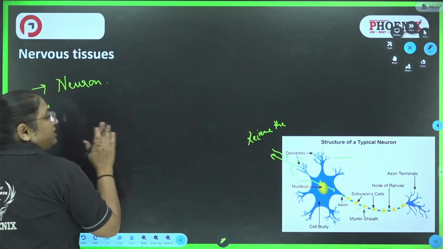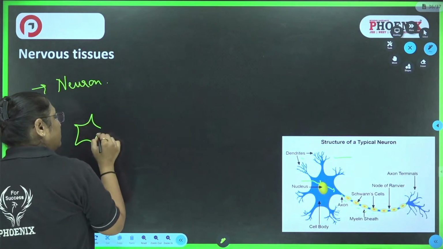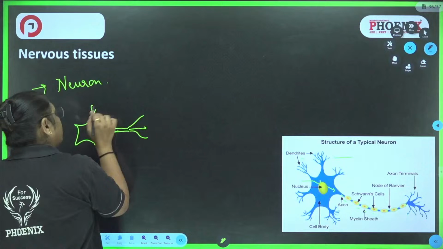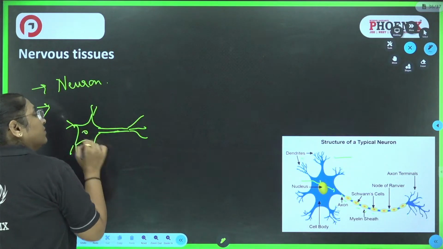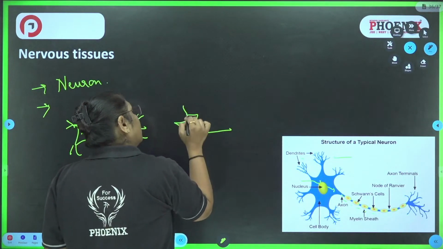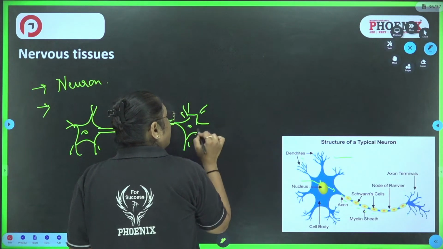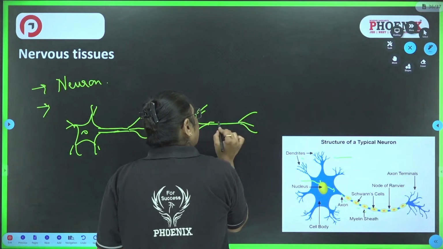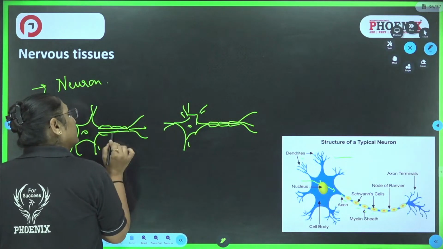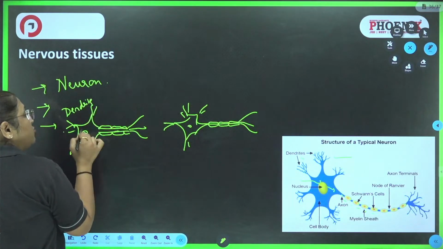Now there is the space between two nerve cells. Once again here another cell. Once the signal is received from the dendrite, it is passed through the cell body.